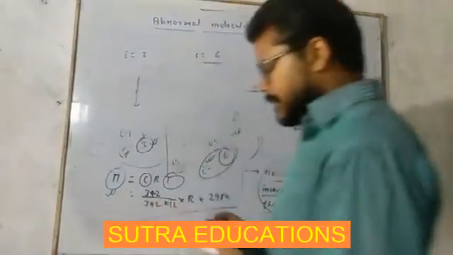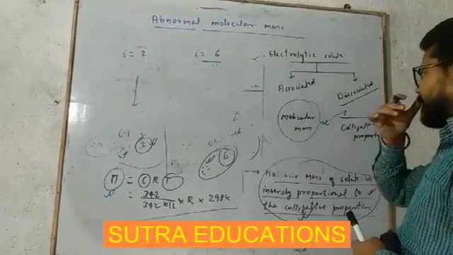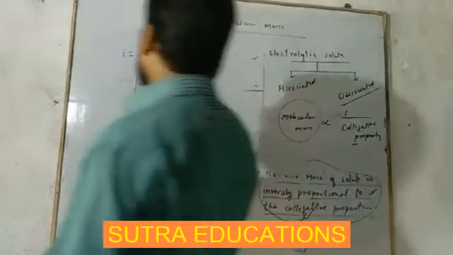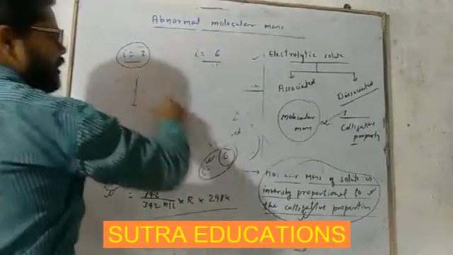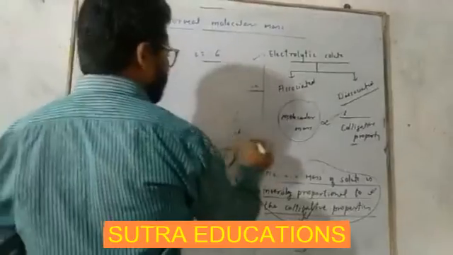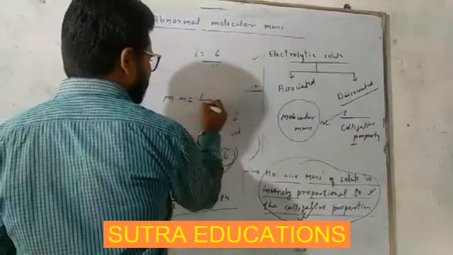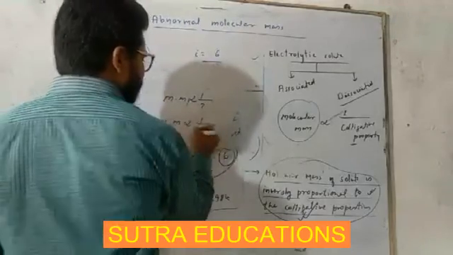And as we know, molecular mass depends upon colligative property and both are inversely proportional to each other. So molecular mass is directly proportional to 1 by 3 in the first case, and in the second case it is proportional to 1 by 6.